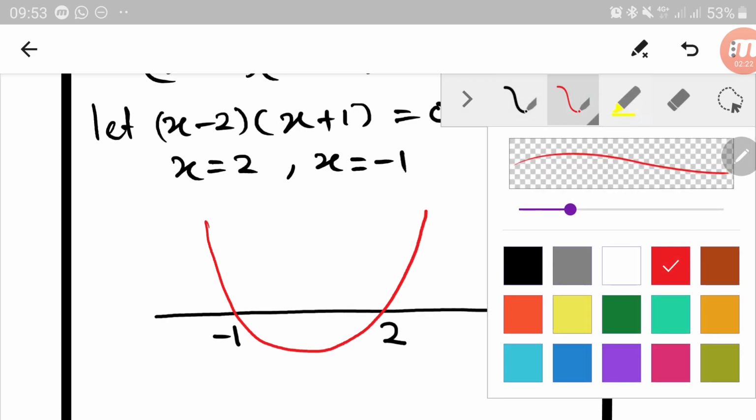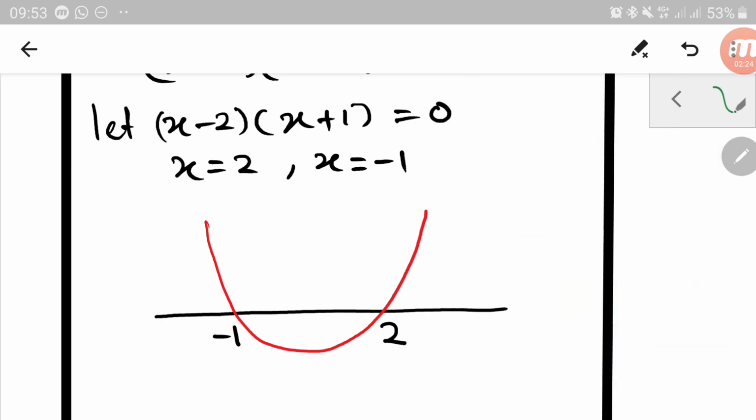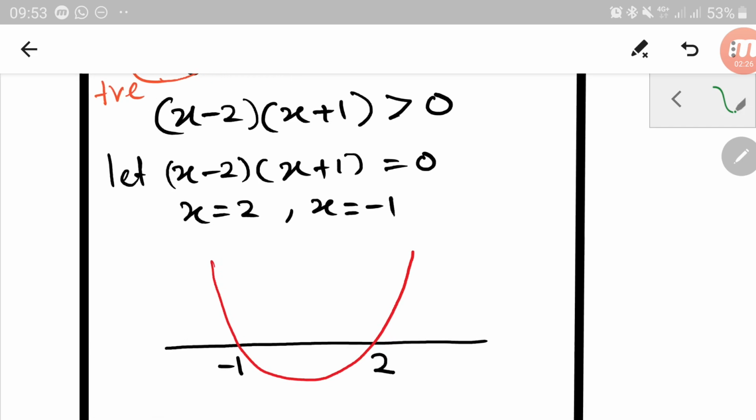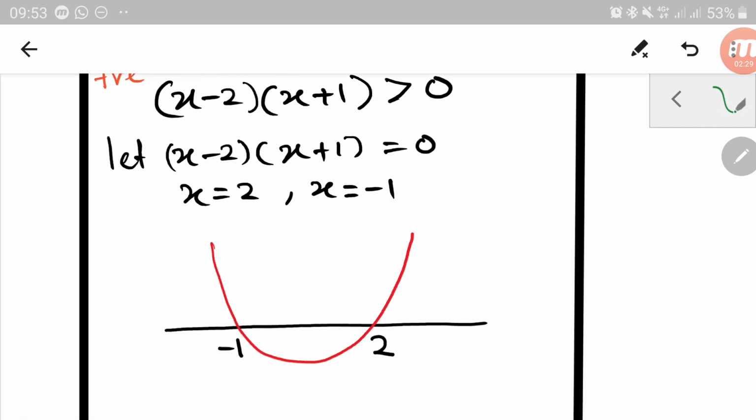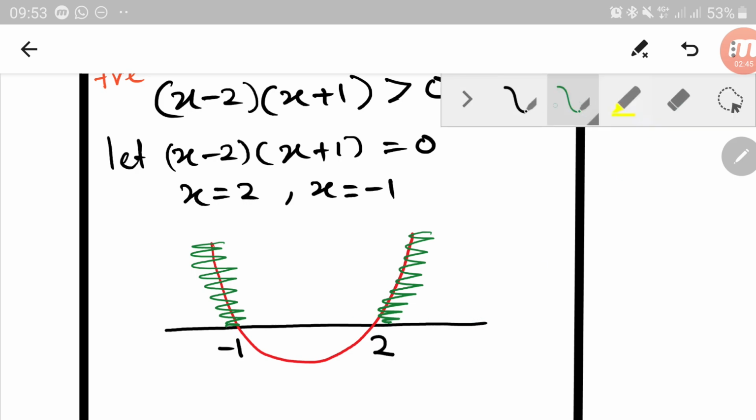Now from here, maybe I use green color to demonstrate. Over here we have two kinds of values that we have to consider. The first kind is the positive value, where the line is on top of the x-axis, the horizontal line. The other is negative, which always stays below the horizontal line or x-axis.